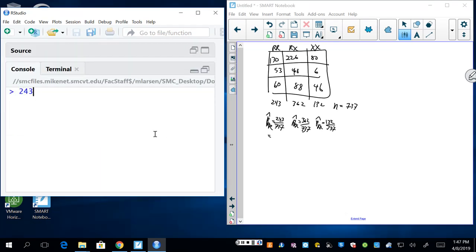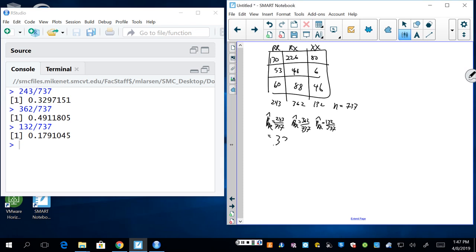So we want the 243 over 737 and 362 over 737 and 132 over 737. You get those proportions in there. So about 0.33, 0.49, and the last one 0.18. They rounded, yeah, that adds up to 1.